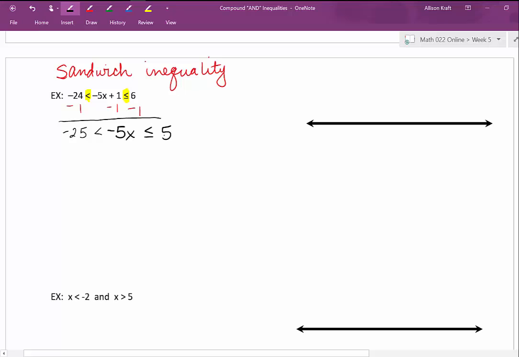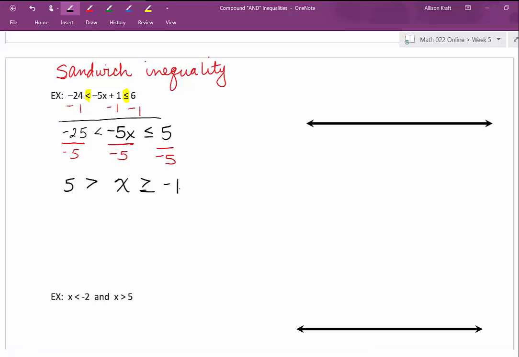Continuing to solve for x, I need to eliminate that coefficient of -5, so I'm going to divide all sides by -5. Since we're dividing by a negative number, we need to remember to flip our inequality symbols. We get 5 to be greater than x, which is greater than or equal to -1.